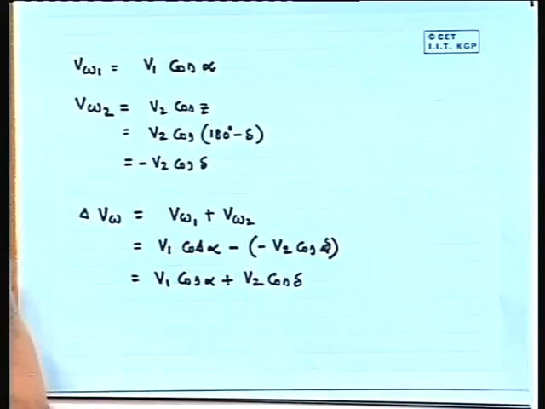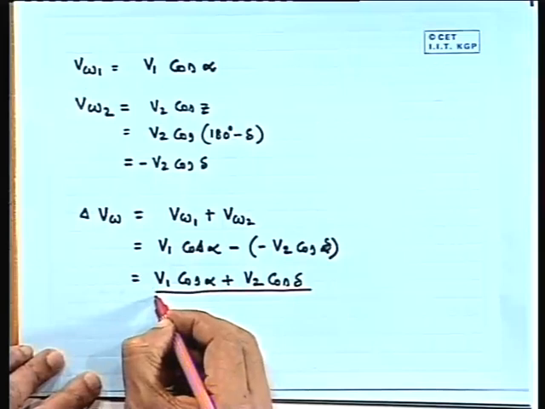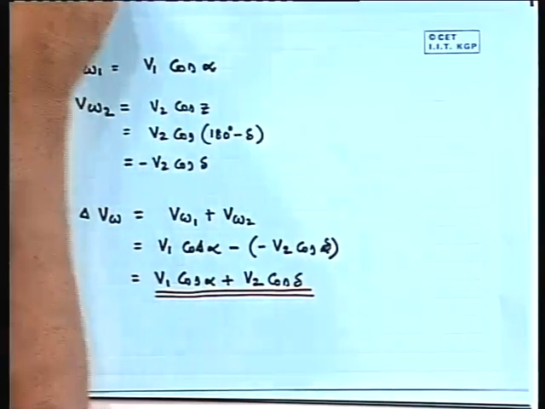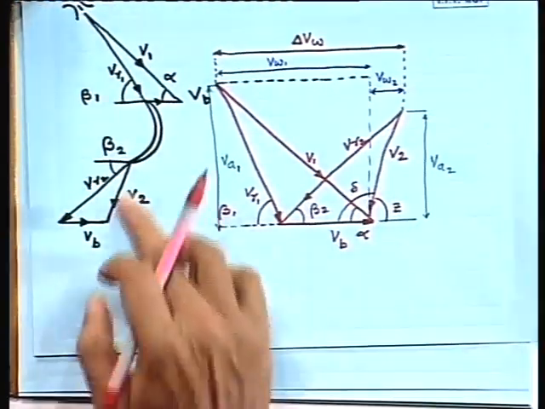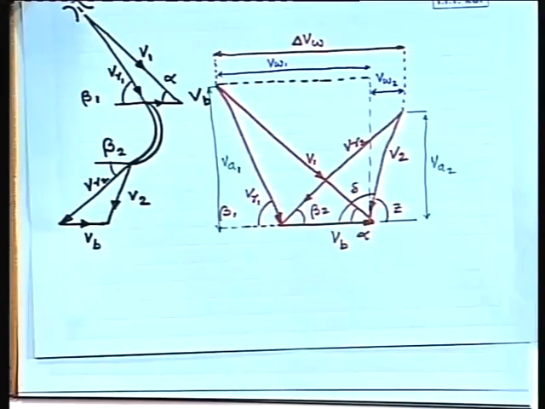Here I would like to tell you that we have drawn a particular diagram where delta is an obtuse angle. It need not be an obtuse angle always. The value of delta depends on the relative velocity, the blade velocity, and of course the outlet blade angle.